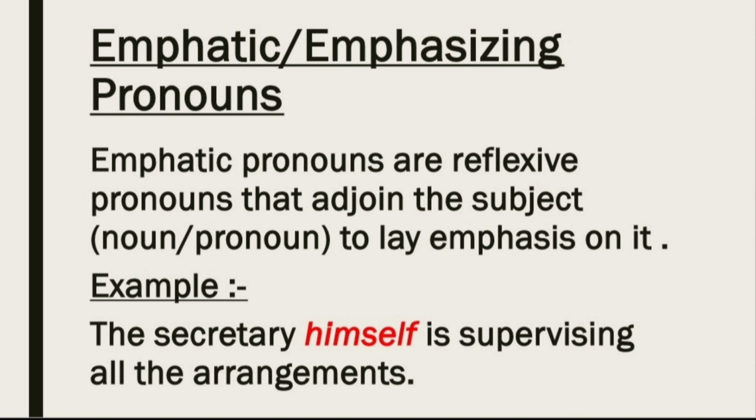And the emphatic or emphasizing pronoun himself is coming right after the antecedent, that is the secretary. So, therefore, they are used because they lay a special emphasis on the noun or the pronoun that they are mentioning. On the other hand, what a reflexive pronoun does, it comes as an object in the sentence.